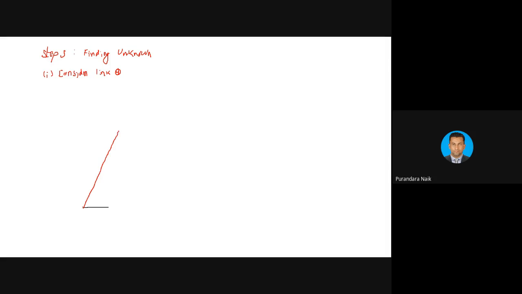What is the length? 3.7, right? So this is the point.